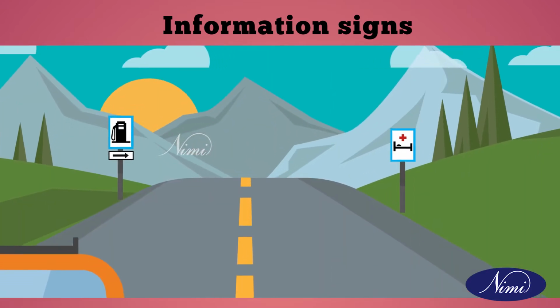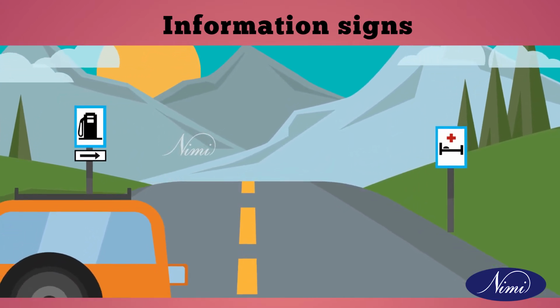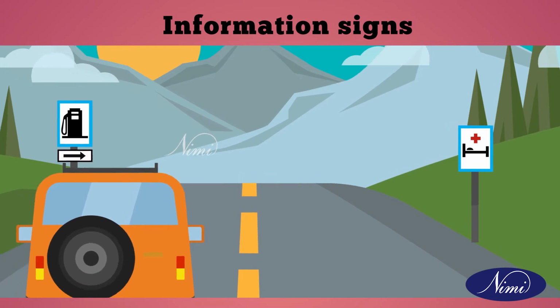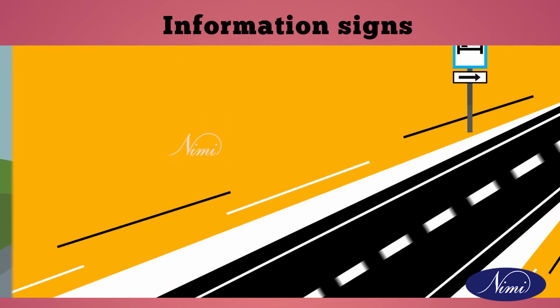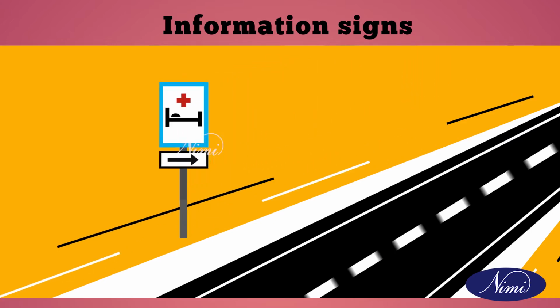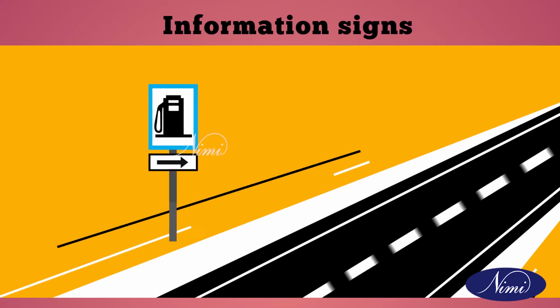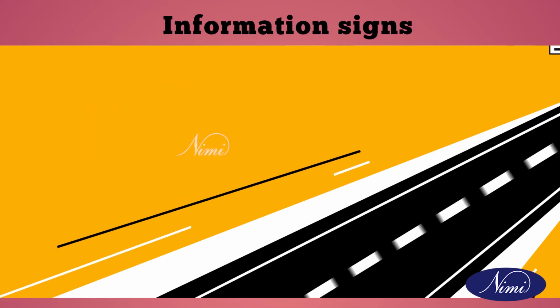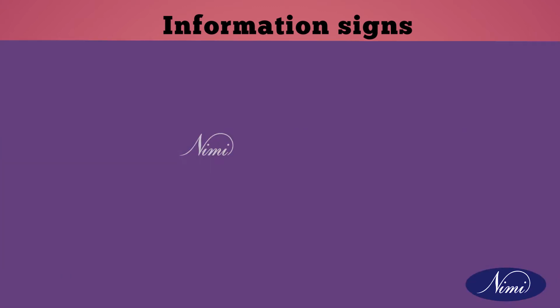Example for information signs, usually we used to see some signboards on the side of the road stating that petrol bunk ahead in 500 meters from here, or to the hospital direction, or the direction of the destination where you want to go. Actually, this is most beneficial for the first time traveler on the particular route.